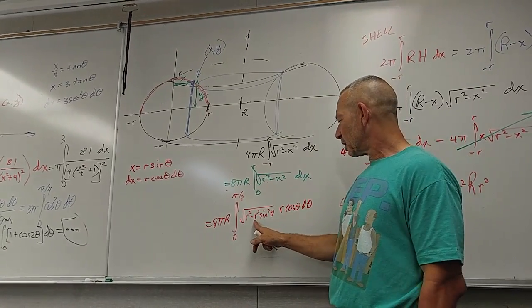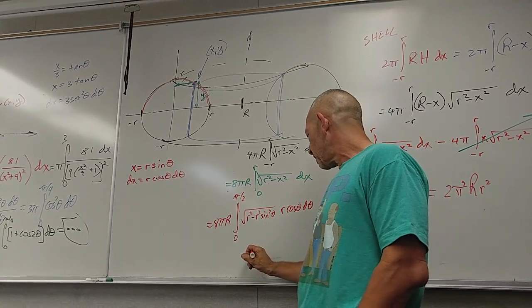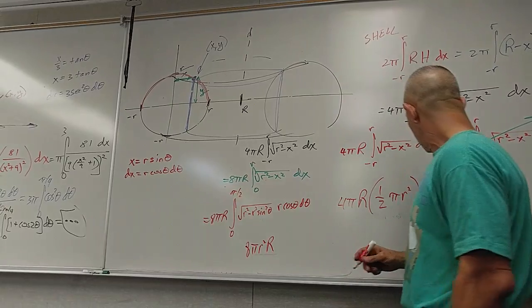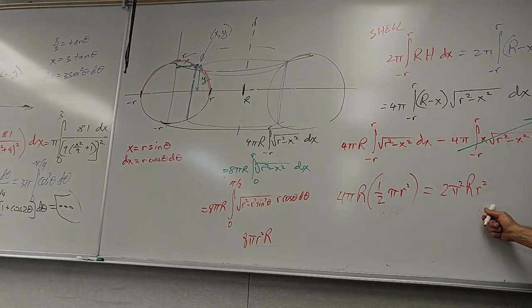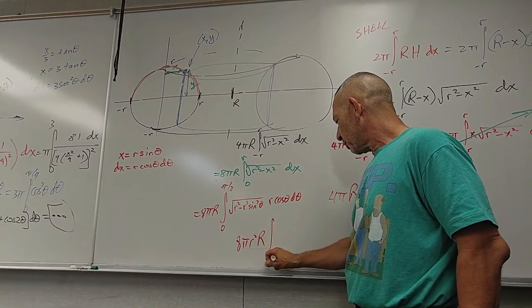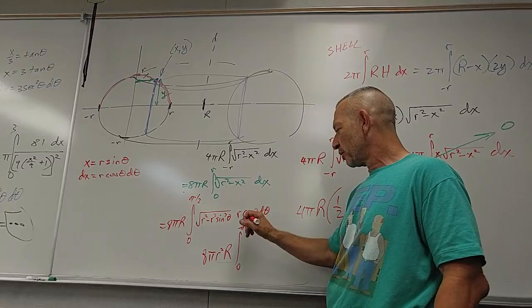So that little r comes out, the square root of r squared is r. Multiply it times that, I get 8 pi little r squared capital R. So we're getting close here, aren't we? And then I've got the integral from 0 to pi over 2 of cosine squared theta.